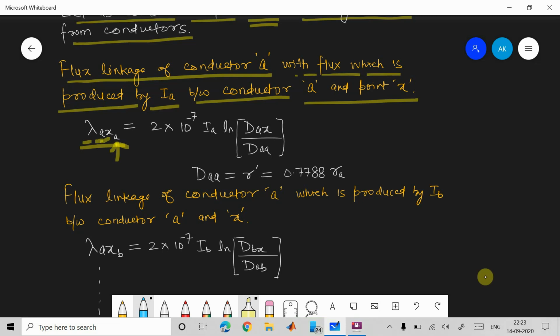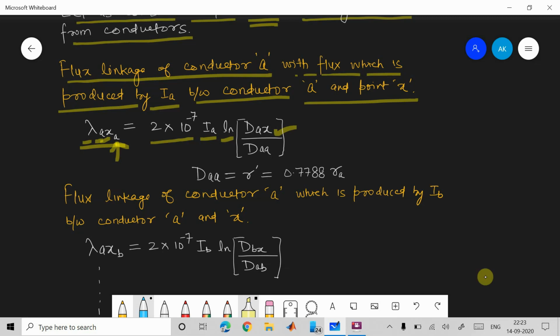We know how to write the flux linkages of any conductor. It is equal to 2 into 10 raised to power minus 7, current IA, ln DAX divided by DAA. DAX means the distance between conductor A and the X point.